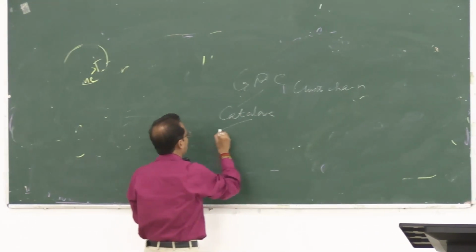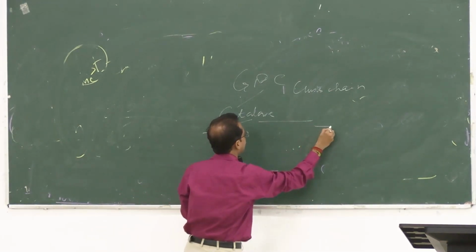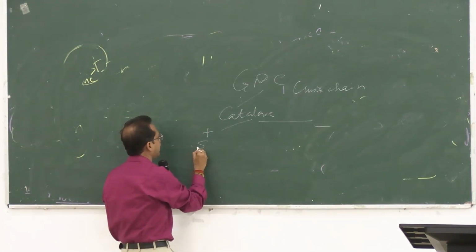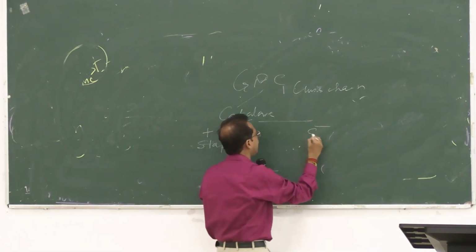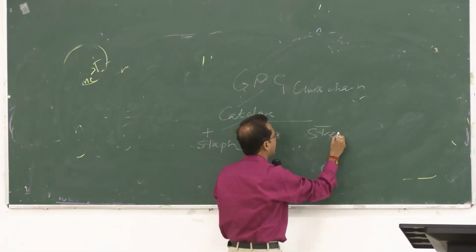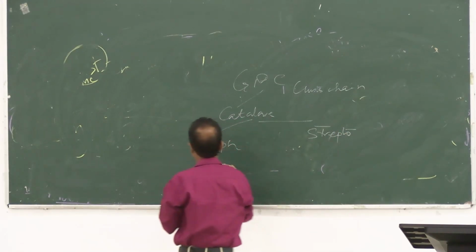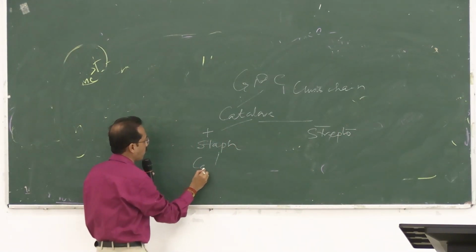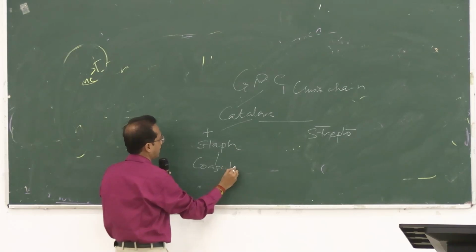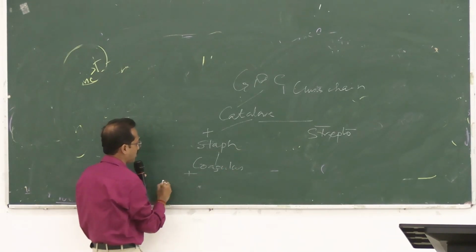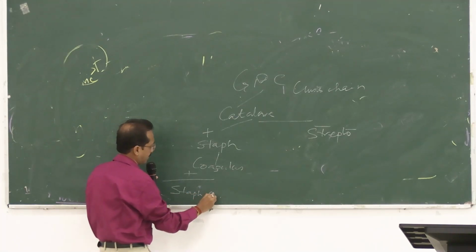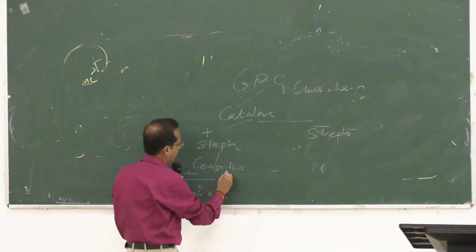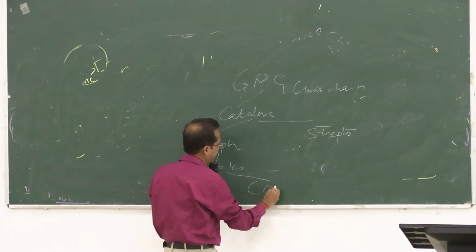If catalase is positive, it is staph, and if catalase is negative, it is strepto. Then for staph, do a coagulase test. If it is coagulase positive, Staphylococcus aureus, and if negative, coagulase negative staph.